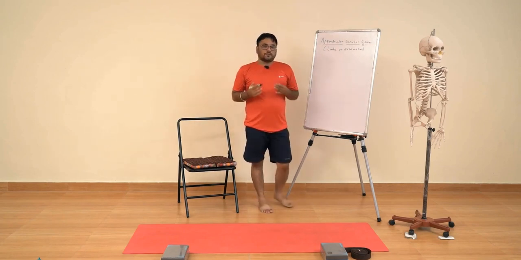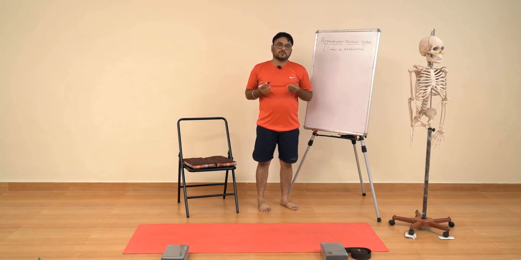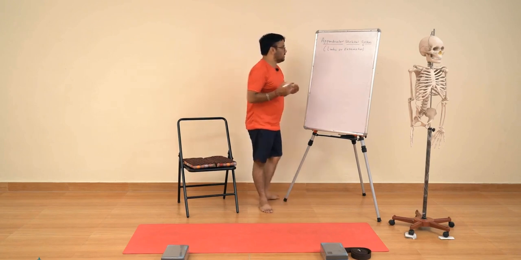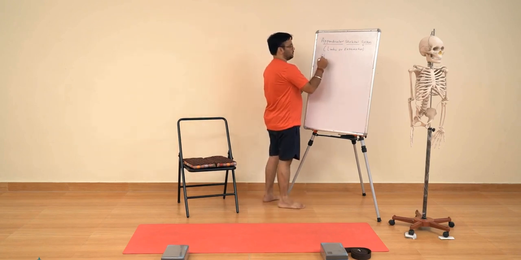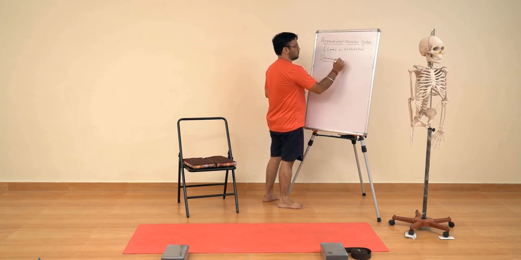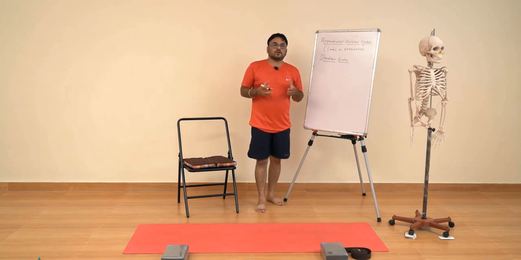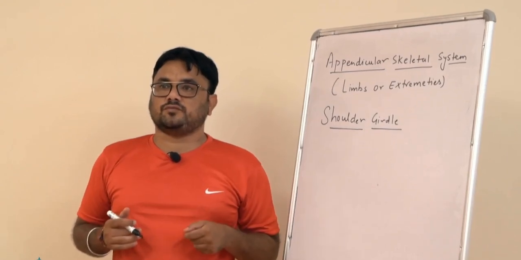So it starts with the upper body limbs or extremities, which we call the shoulder girdle. People use the term shoulder joint. The shoulder girdle is a groove where two or more bones combine together.